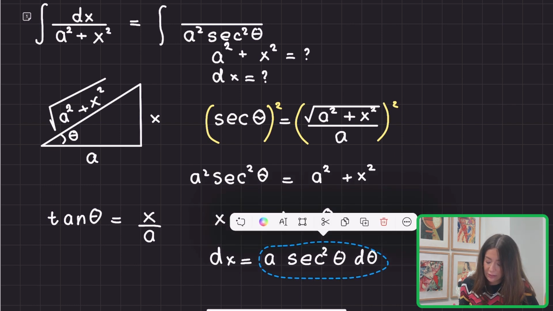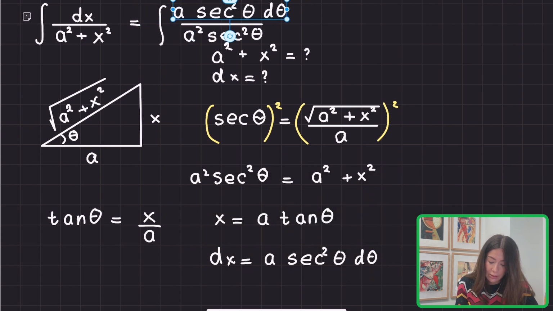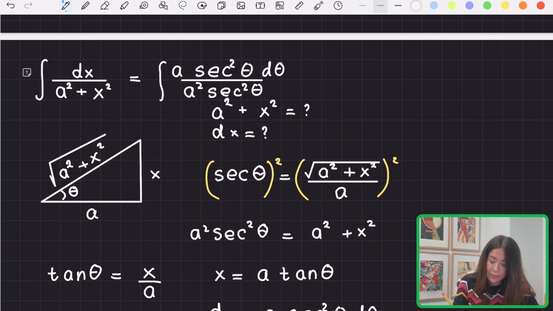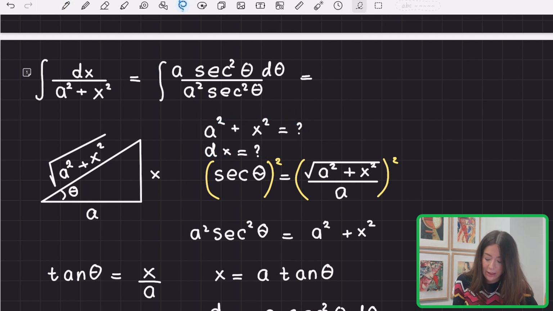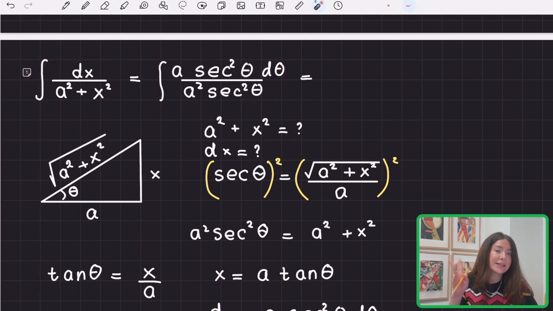So I just copy it here, and then I can solve this integral. Notice that this integral is the same as this integral, but it's now written in the language of trigonometry, and now I have a d theta integral.